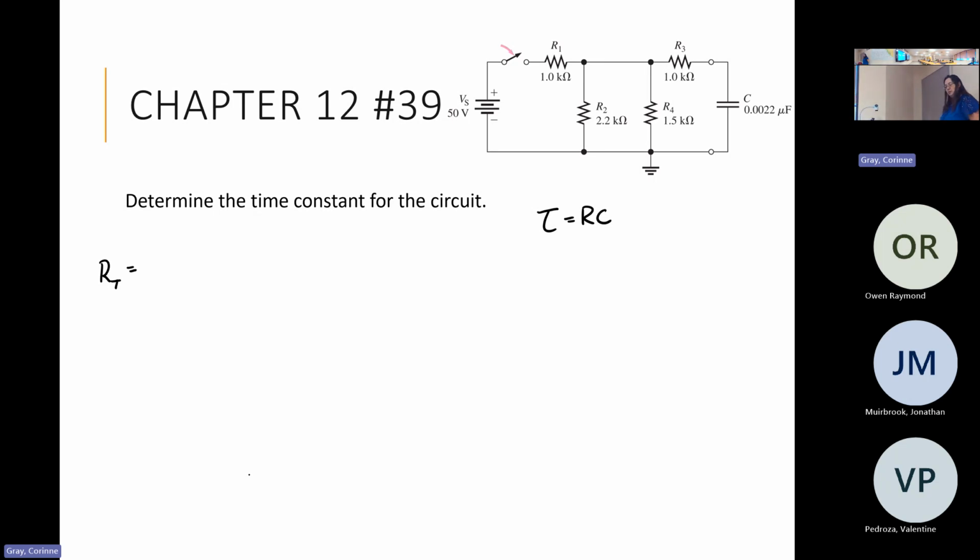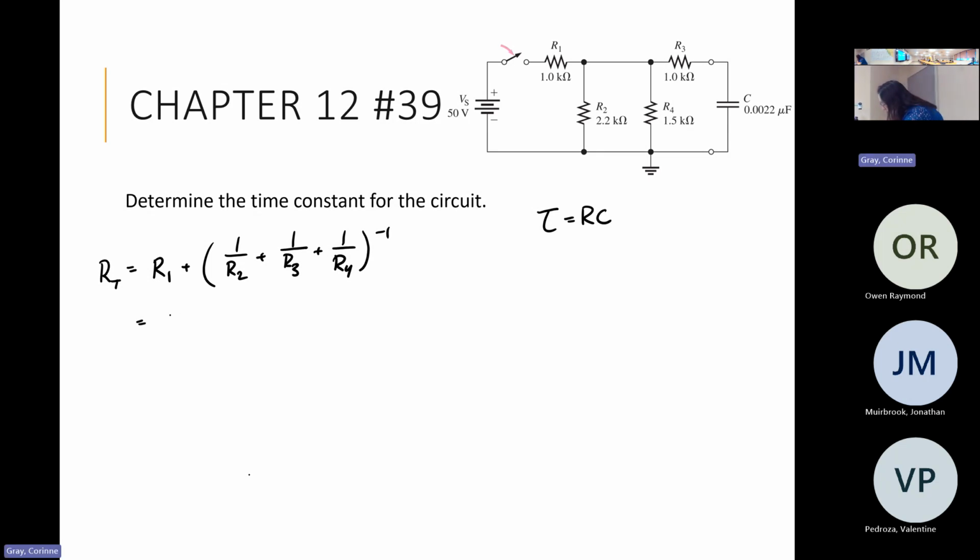What about with R2? Yes. What about with R1? No, we have to do those 3 in parallel. And then it's going to be in what with R1? Series. So it's going to be R1 plus 1 over R2 plus 1 over R3 plus 1 over R4, inversed.